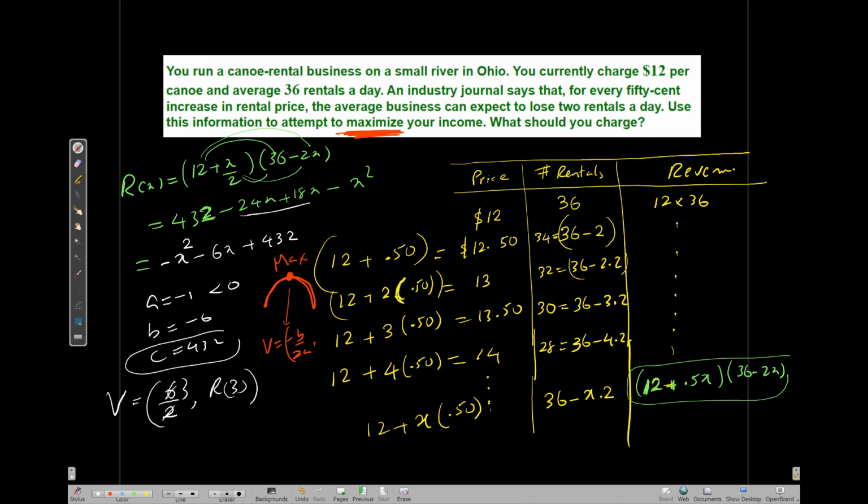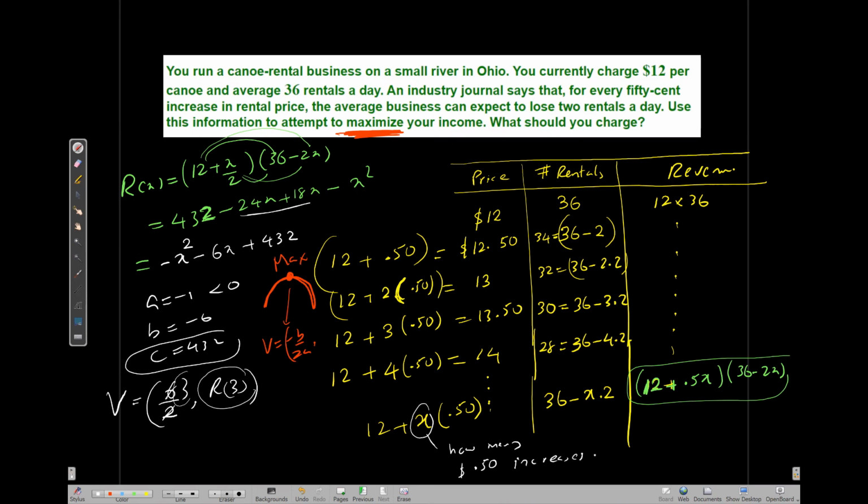So what should you charge? Actually this question is not asking for this, but asking for this. Well, you have to be careful. The answer is not 3. I took x to be my increment, or how many times I increase. x is how many 50-cent increases, right?